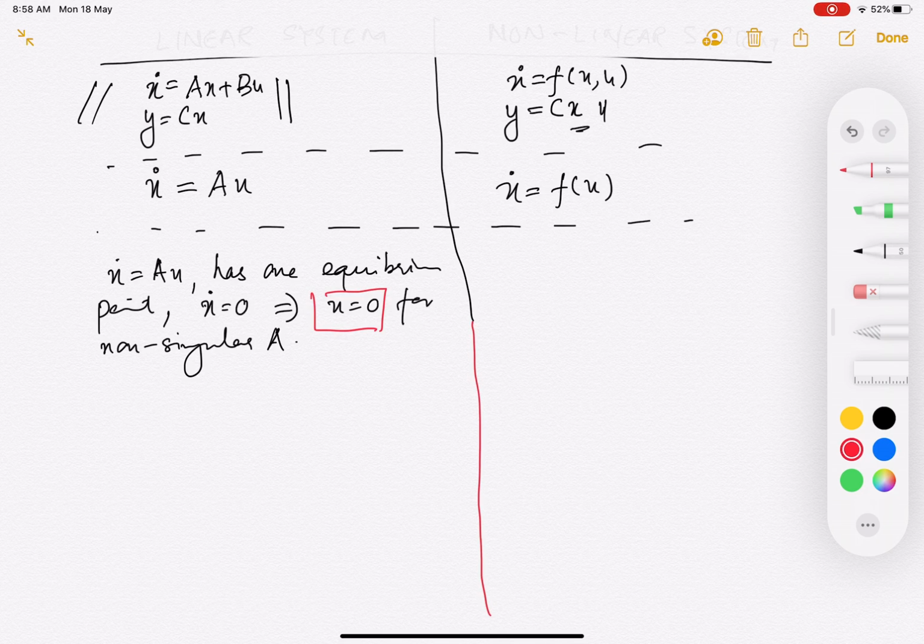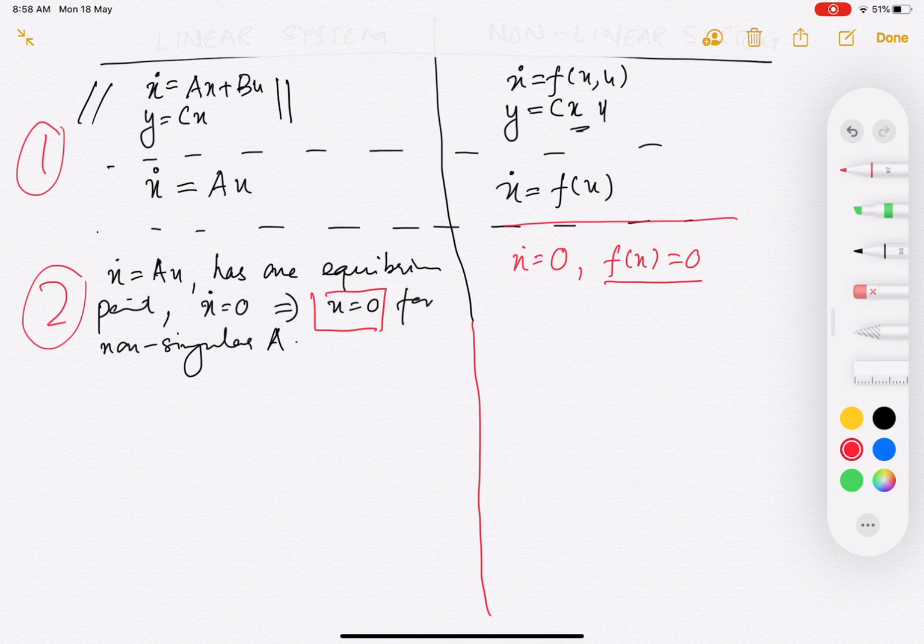And this is not necessarily true for a nonlinear system. For a nonlinear system, the equilibrium point is again x dot equal to 0, which will be given by f(x) equal to 0, and this equation f(x) equal to 0 may not give you one equilibrium point. For example, if my nonlinear system is something like x dot is equal to minus x plus x square, it's a one-dimensional system, so x belongs to R. So x dot is equal to 0 implies minus x plus x square equal to 0.